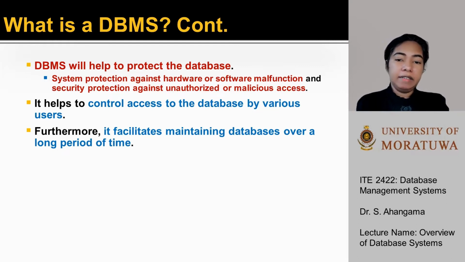Furthermore, it facilitates maintaining databases over a long period. A typical large database may have a life cycle of many years. So the database management system must be able to maintain the database system by allowing the system to evolve as requirements change over time.